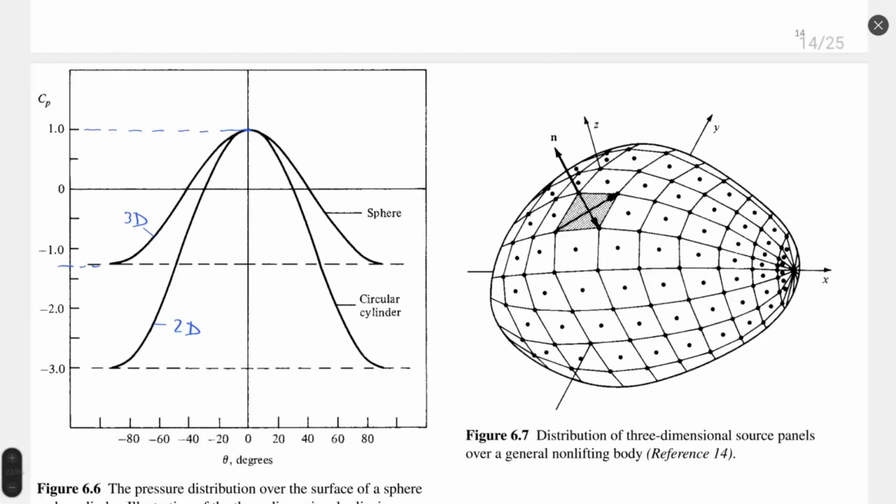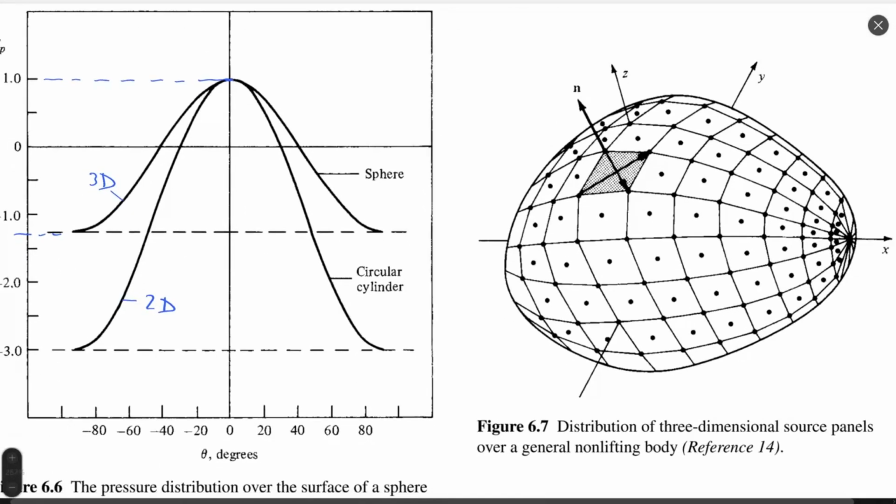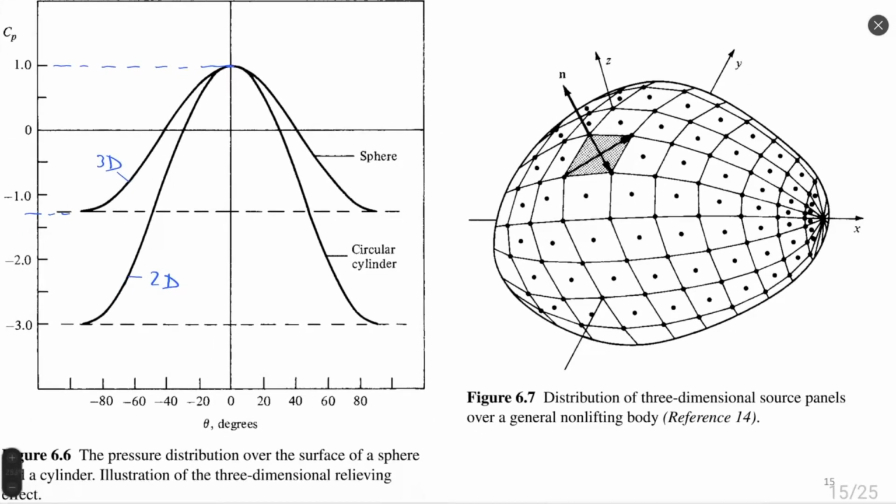Analyzing together these two flows' distributions of pressure coefficient, we understand that the velocity maximum would be smaller for the sphere and higher for the cylinder, because for the cylinder we have a smaller value of pressure coefficient. The smaller the pressure, the higher the velocity, because we have conservation of energy. More energy is transformed to velocity.